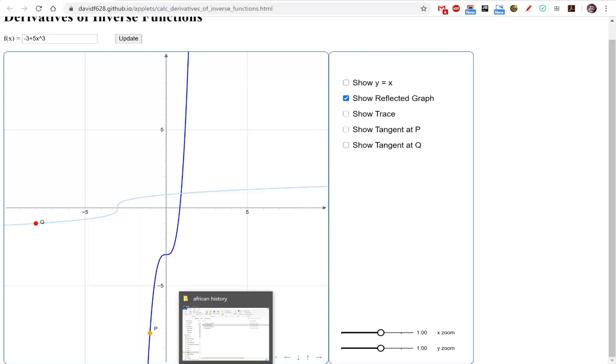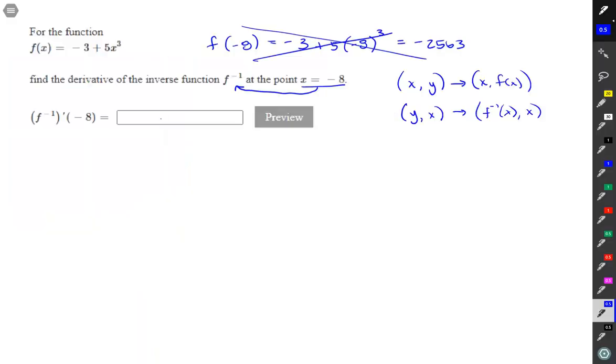What I am really looking for is where I have negative 8 on the inverse function. So to do that, I can actually solve the original function as if x equals negative 8 is a y value there.